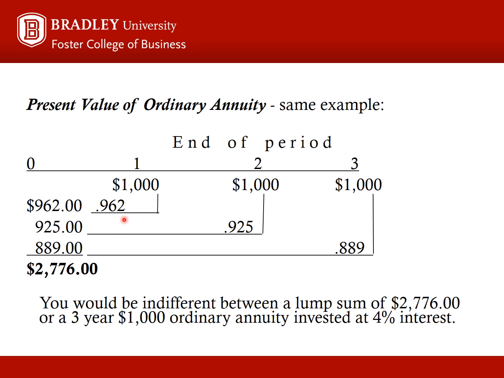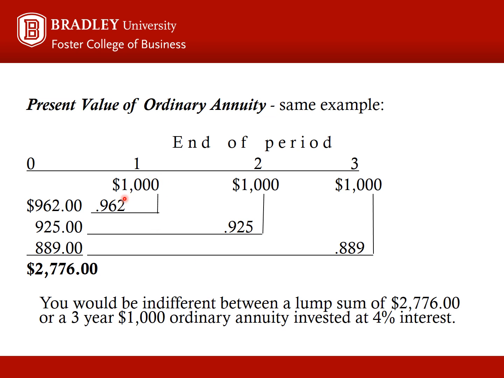And so if I go to my present value table, which is table 2, I can find my present value at 4% for 1 year, and that present value interest factor is 0.962. Here it's 4% for 2 years, and this would be 4% for 3 years, taking that $1,000 back 3 years to time period 0.